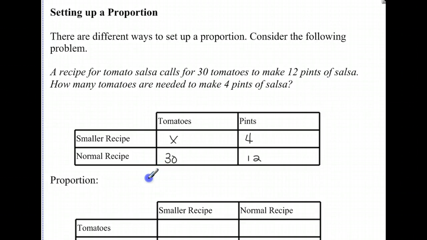I could set up that proportion by saying x is to 30 as 4 is to 12, comparing my tomatoes and pints. And I can solve this to get that x is equal to 10 pints.